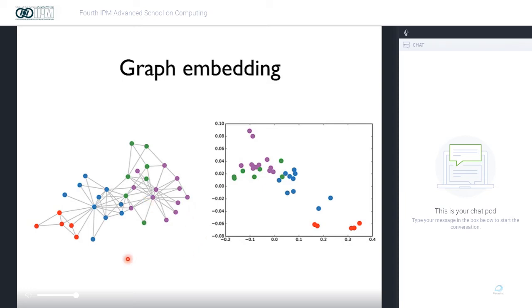So the basic idea in graph embeddings is to transform this graph notation with nodes and edges into a semantic space again, an imaginary n-dimensional space in which each of these nodes is represented as a point in the space or a vector.